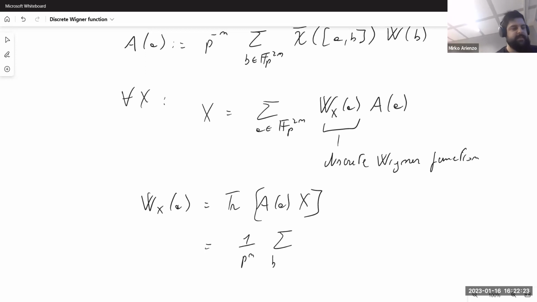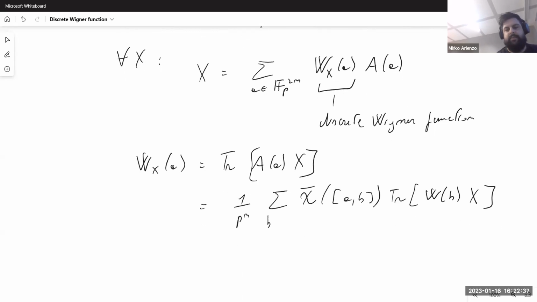So we have the sum over B, and then we have chi of AB, and then there is the trace of W_B X. This trace here is the characteristic function, and when you take the sum with this coefficient, this is a discrete analogue of the Fourier transform. So it's just the same definition.